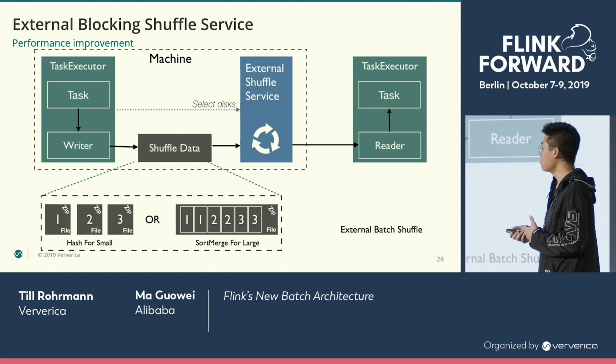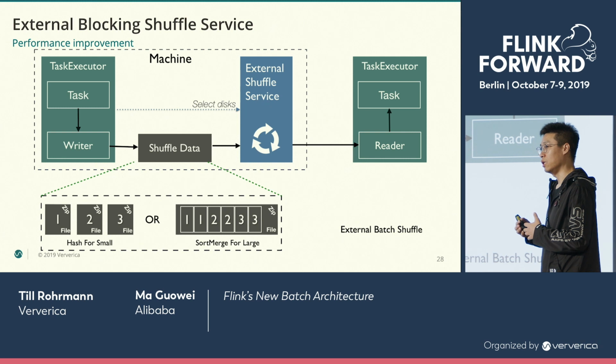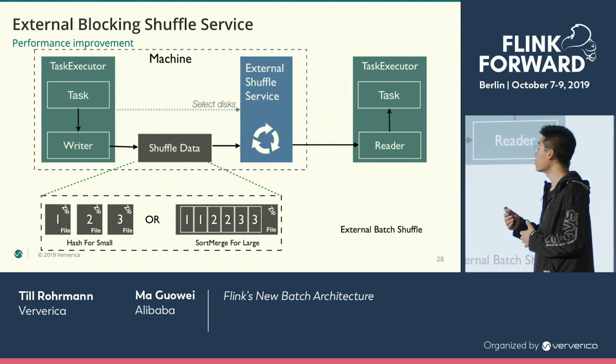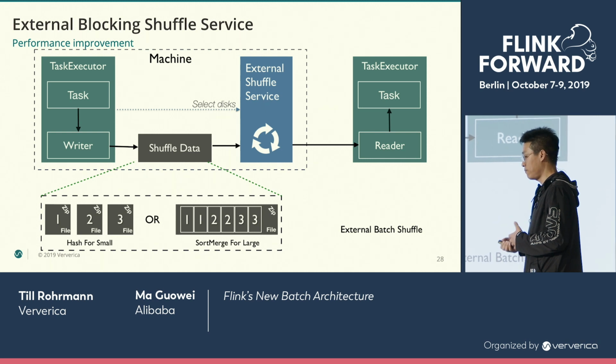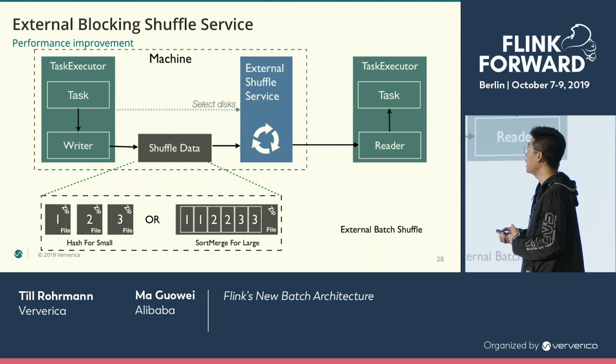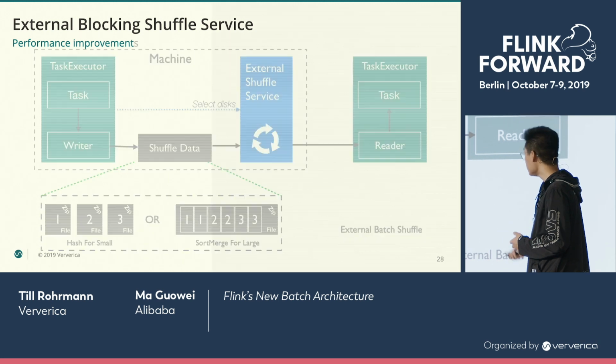The write disk is selected according to the disk load in the external blocking shuffle service, and this reduced most of the long tail tasks caused by disk skew.